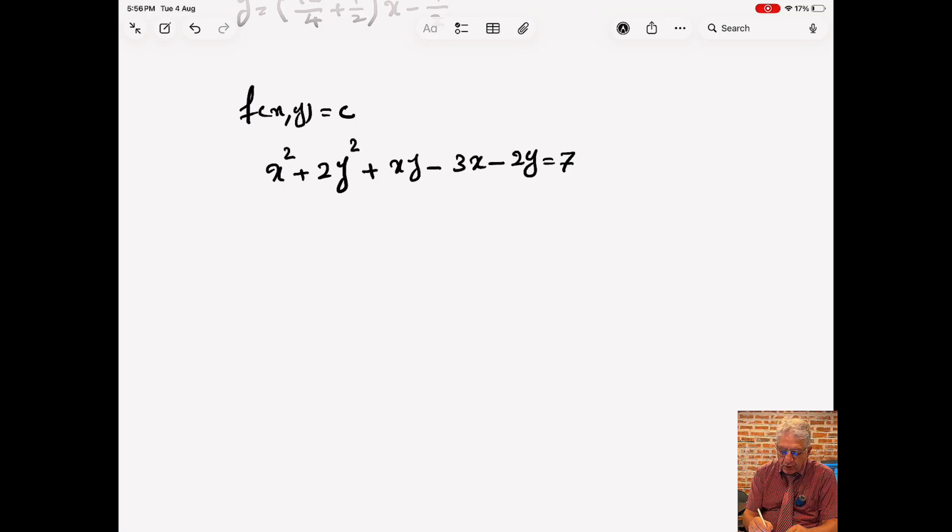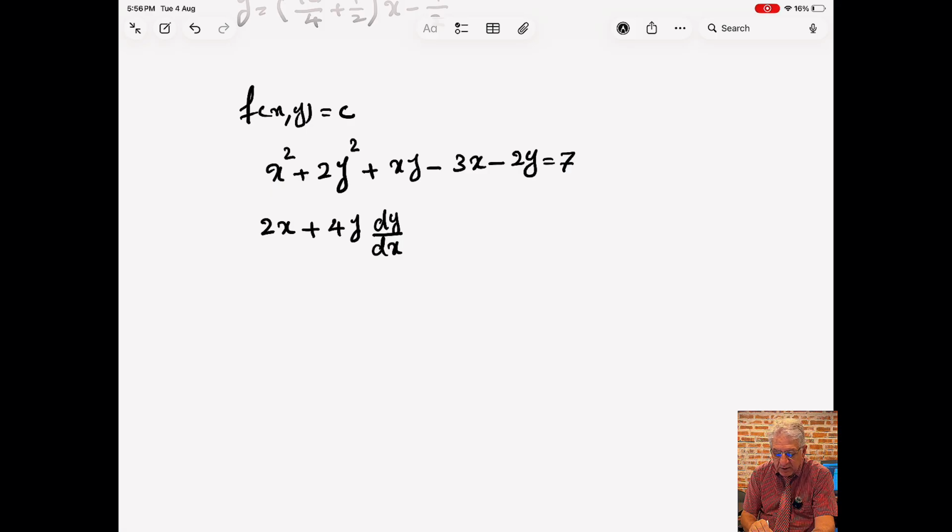What is the derivative of x squared? Because we are differentiating with respect to x, this will be 2x. But the derivative of 2y squared, something to the power of 2, where y is a function of x, will be 4y dy by dx.